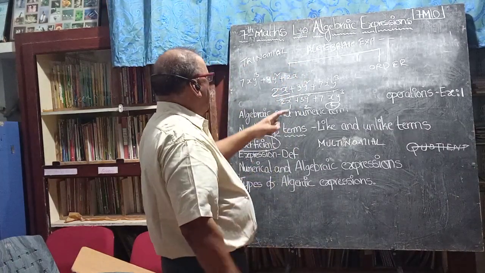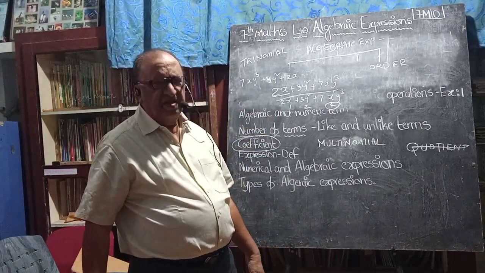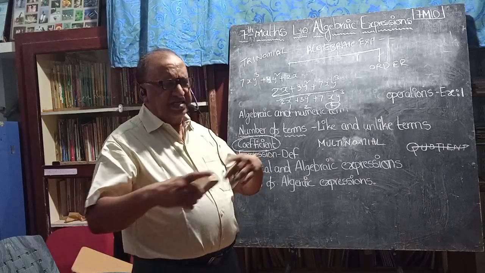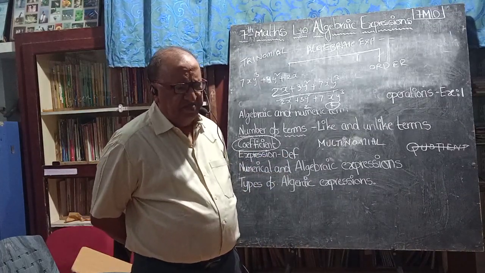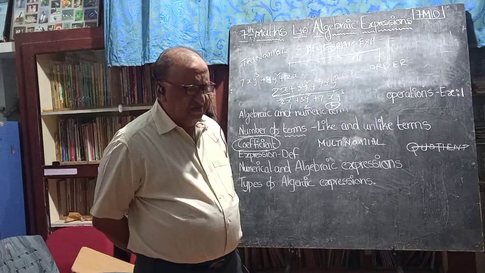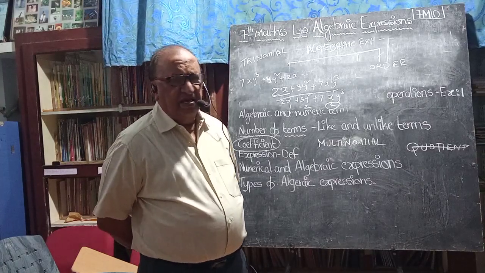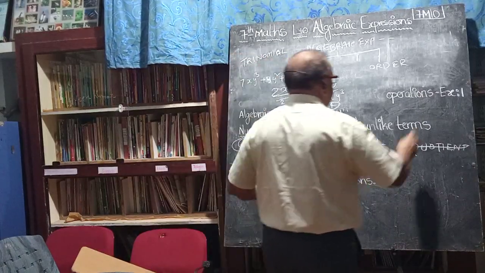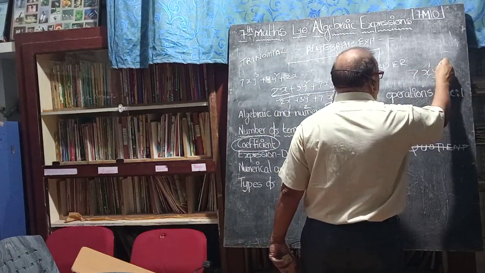So the order of an algebraic expression is the highest power of the terms in the expression. That means when you have a binomial, trinomial, monomial, no problem. If it is a monomial, again you have to add the powers. Suppose for example you have 7xy, a monomial, x to the power 1, y to the power 1.